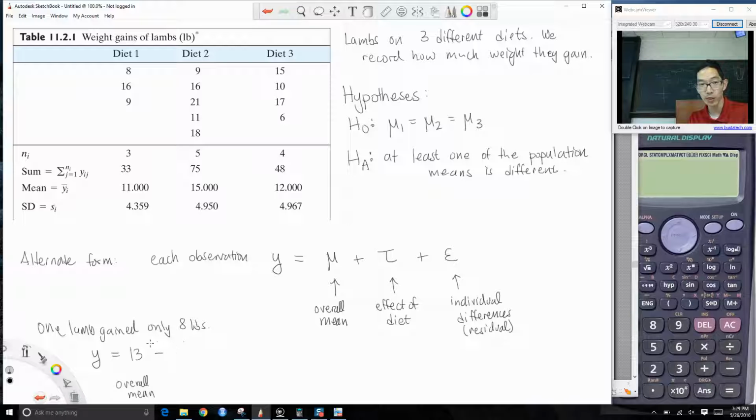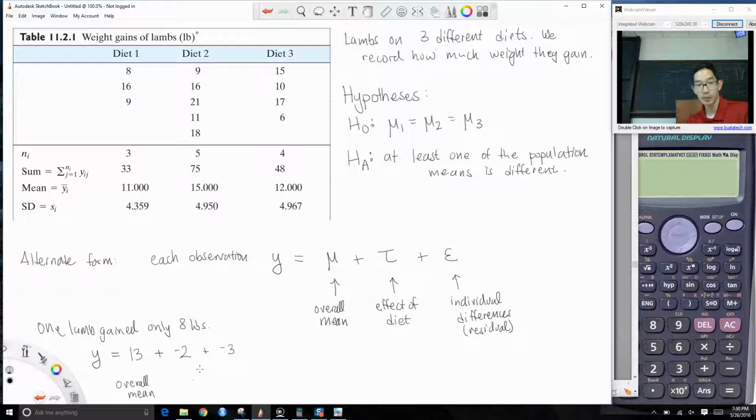So we would say the effect of the diet is a -2, okay? That brings it down to 11, and then this lamb happens to gain even less than his group's average, and we would say a -3 is the individual difference, okay?